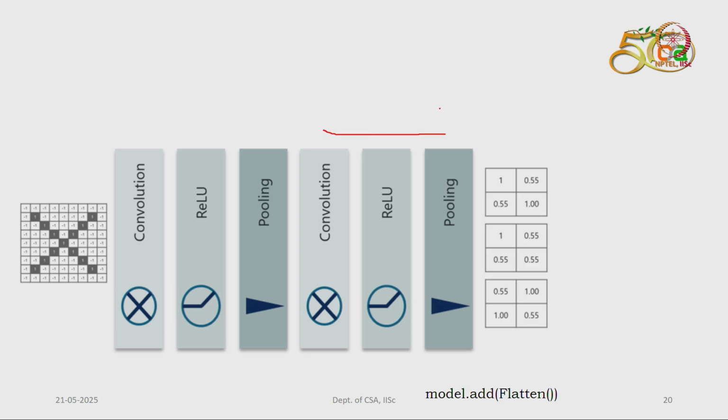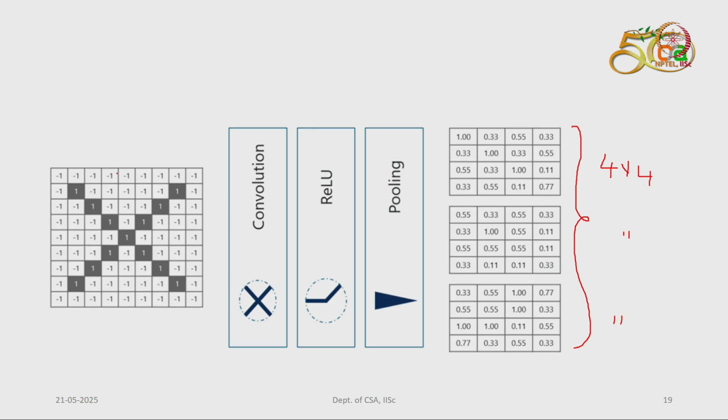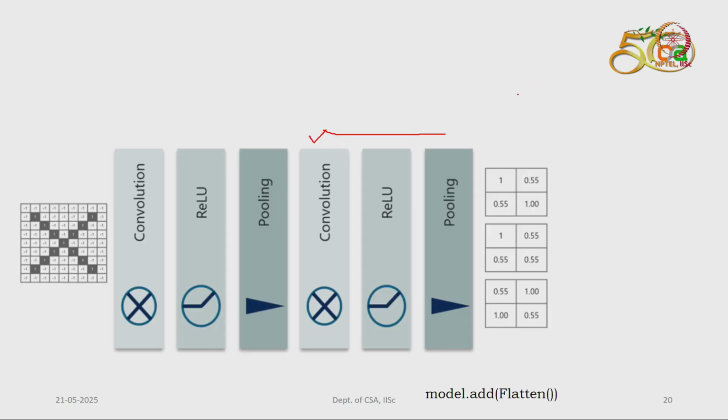We will have one more layer of convolution and repeat these operations. This time, what input do we pass to this convolution? We do not pass this X, we pass these matrices. On these we again pass a kernel, perform a convolution operation, pass through a ReLU again, and then through a pooling.